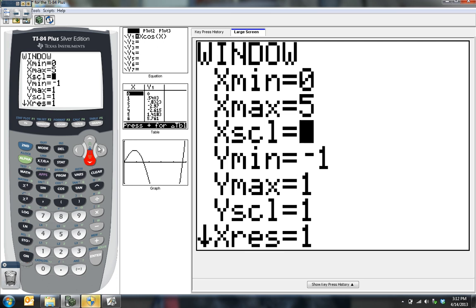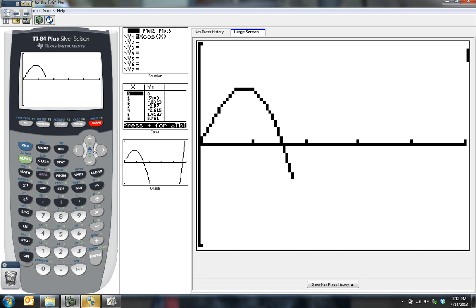And graph. There we go. So we can see that it's going up and then down for a very long time, then it comes back up, right? So we know it's from here to somewhere around here, and then somewhere around here, right? And we can use trace to find these points.